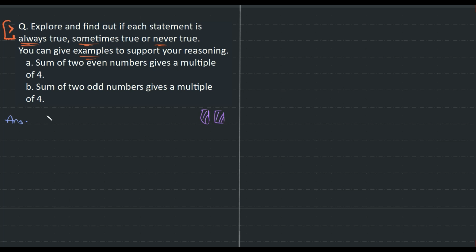I hope you guys did it. So let me explain what I mean by consider examples. Consider even numbers. Let's consider even numbers: 40, 42, 44, 46, 48, and say 50. Now, let's consider two cases.